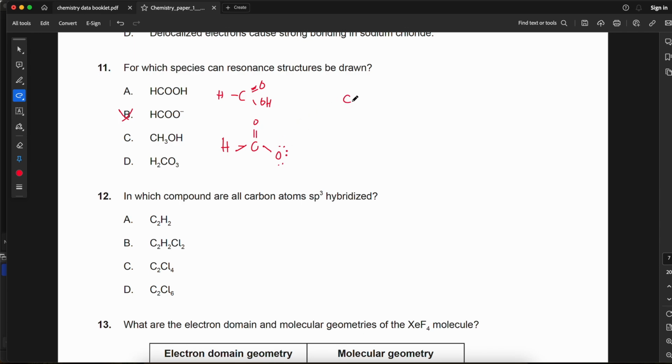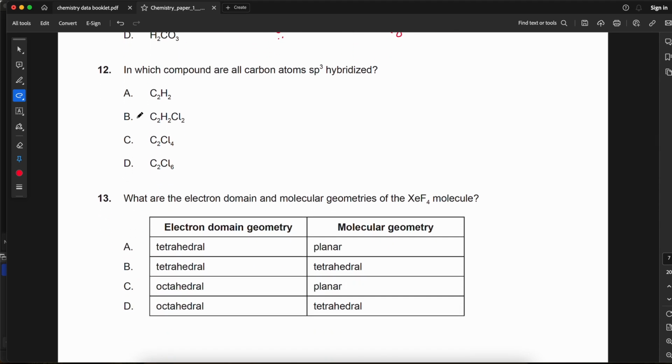And then for C, that would be methanol. Obviously there is no resonance. And then for D, that would be like this. You cannot do resonance for this structure, so that's why the answer is B.